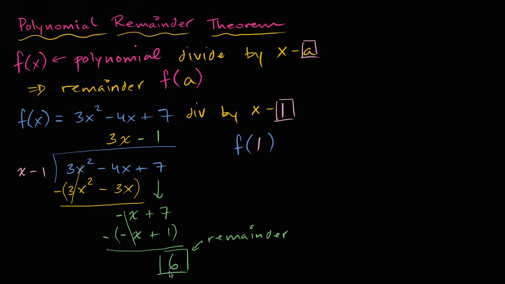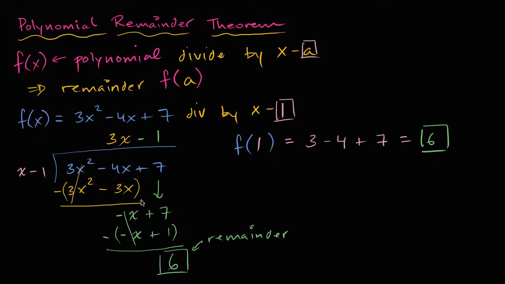It should be equal to this remainder. Now let's verify that. This is going to be equal to 3 times 1 squared, which is 3, minus 4 times 1, so that's just minus 4, plus 7. 3 minus 4 is negative 1, plus 7 is indeed, we deserve a minor drum roll, equal to 6.